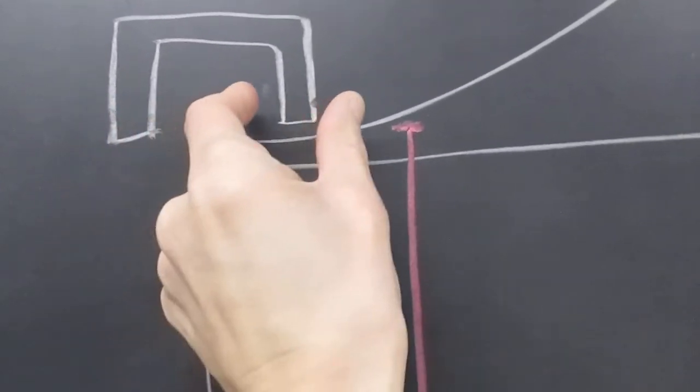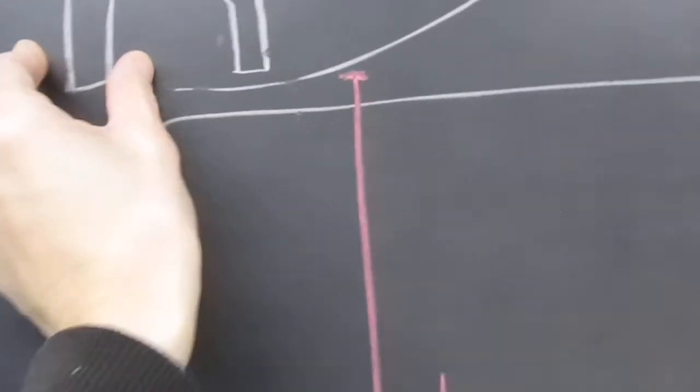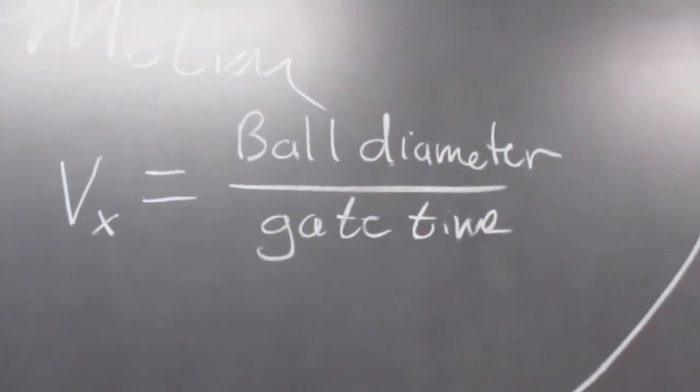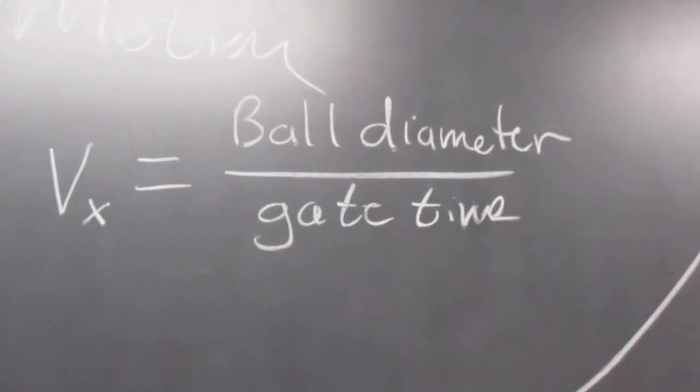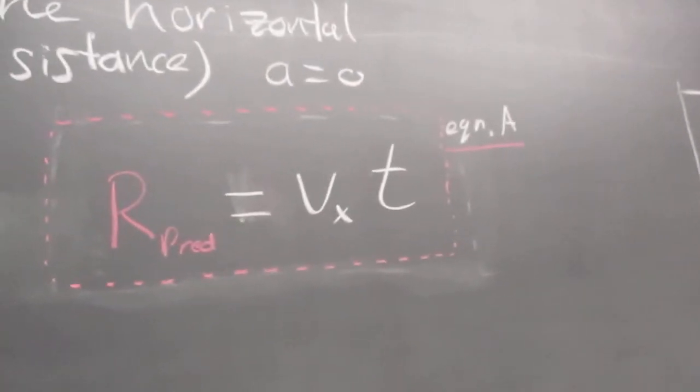It's traveling one ball diameter in that time. So distance over time, we can say our horizontal velocity is the diameter of the ball divided by the gate time that the computer provides us from our photo gate. Okay, so we can measure our horizontal velocity, but we need to figure out time.